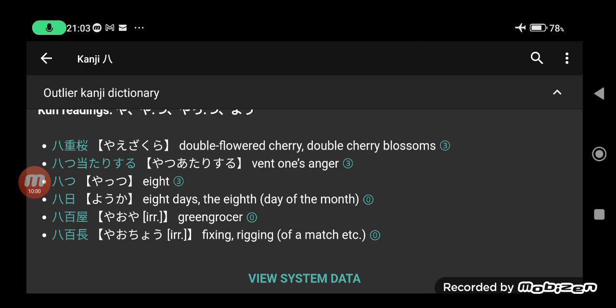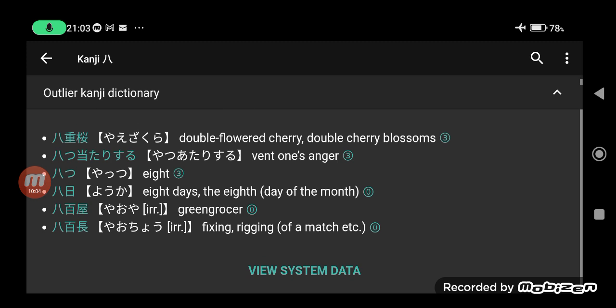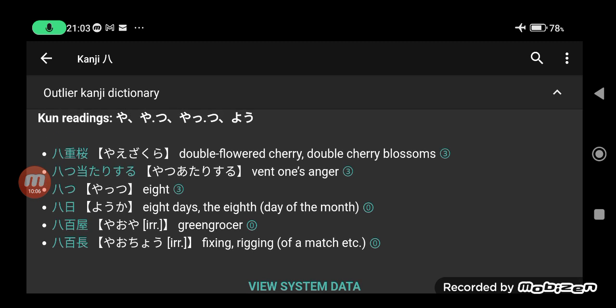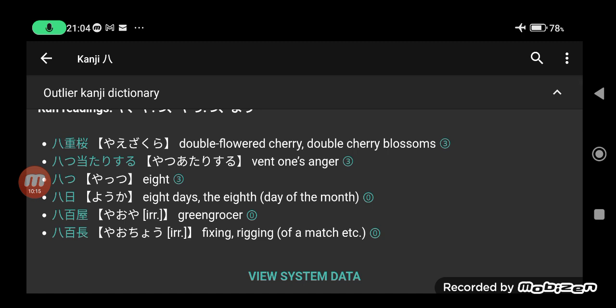The S becomes Z. So instead of yae sakura, it's yae zakura, or double flowered cherry, double cherry blossoms.